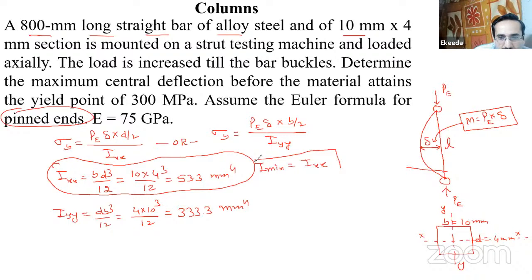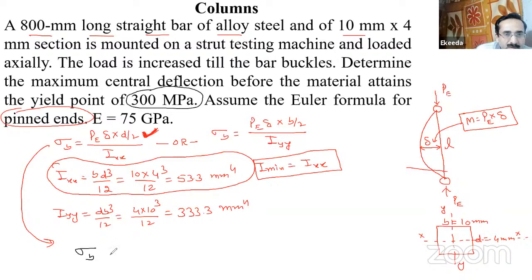Right? So we have to choose this formula because the failure takes place, the stress developed in this case first, right? So this is the actual formula which is to be applied in this case, right? So what is that formula? It means that sigma b, which is the yield stress, which is given by this value, this is equal to PE into delta, this is bending moment, into d by 2 divided by I, which is Ixx, right?